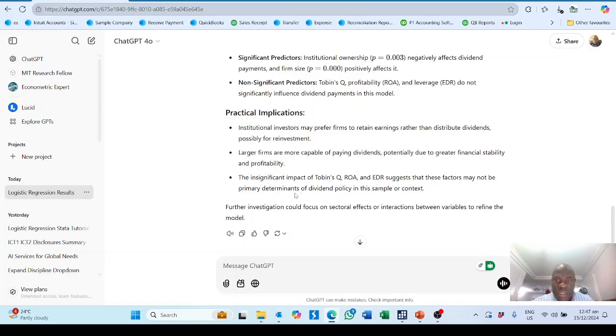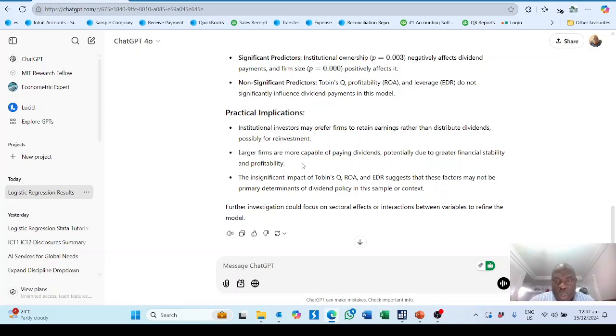Implications of this is chart interpretation. Institutional ownership may prefer firms to retain earnings rather than distribute dividends. That is, in the consumer goods sector, it is likely that where you have a high level of institutional ownership, they are less likely to pay dividends.